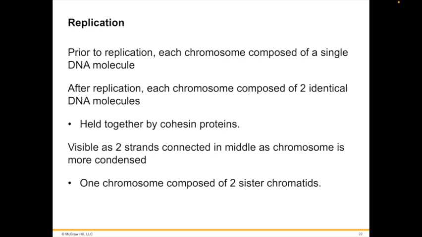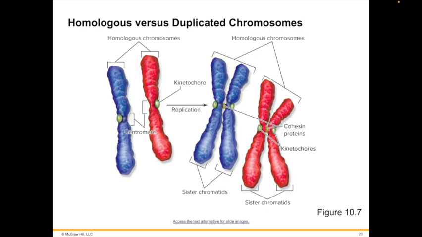So upon replication, though each chromosome has become more condensed and visible as an X-shaped structure, we still call it a chromosome. In prior times, I've referred to it as a duplicated chromosome, but it's still a chromosome with two sister chromatids. You can see that here in figure 10.7.